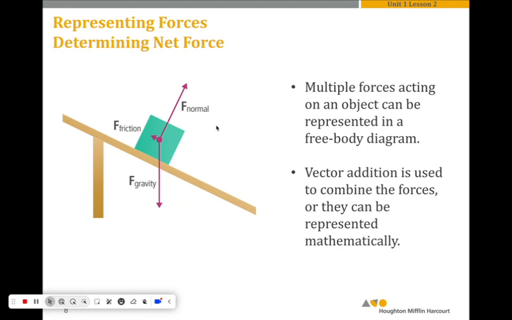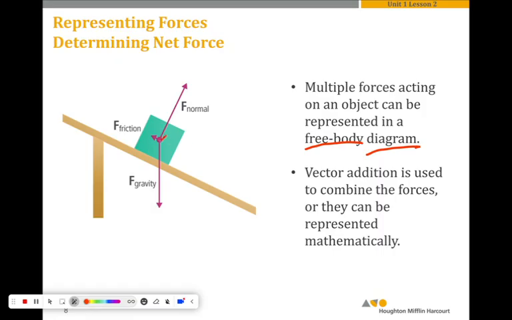So to determine net force, we want to consider what are all the total forces acting on the box. So there's multiple forces acting on an object, and we call this a free body diagram.